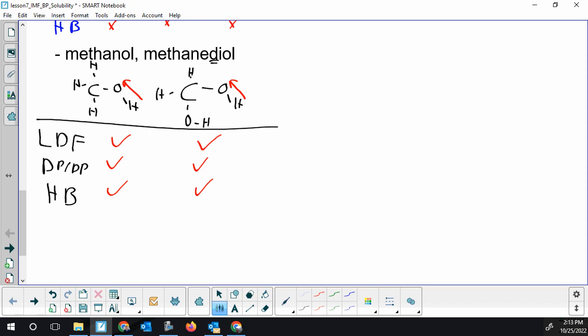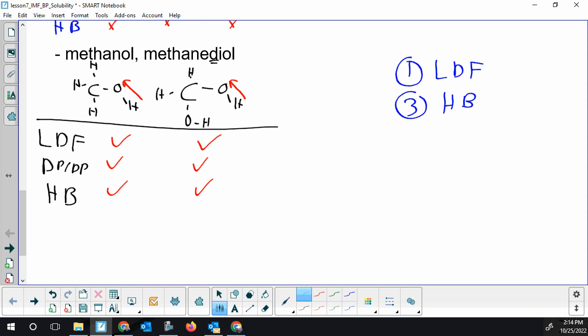So we're going to have to look and break some of the ties. To simplify things within Chem 30, your test questions are either going to have a difference with London dispersion forces, or you're going to look at the third on my list, hydrogen bonding. Dipole-dipole forces are not going to be the force that breaks the tie.